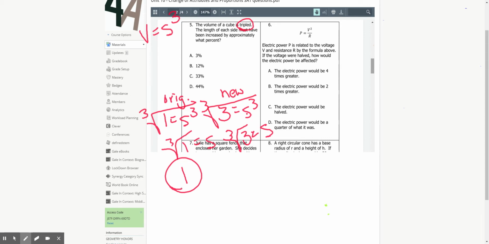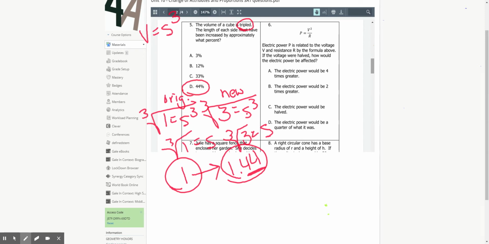I'm cheating and looking at my answer key because I've already worked it out. Cube root of 3 is 1.44. So how do we go from 1 to 1.44? It's that 0.44, and 0.44 in percent form is 44%.